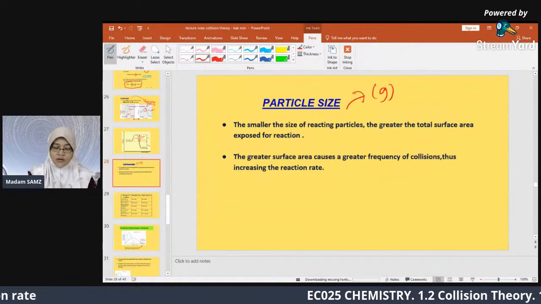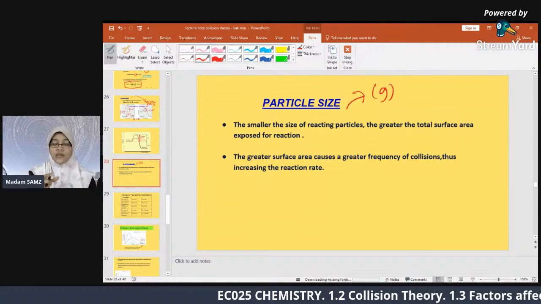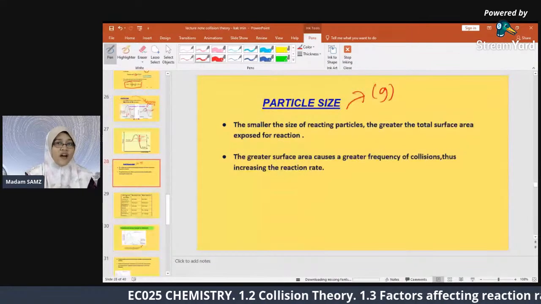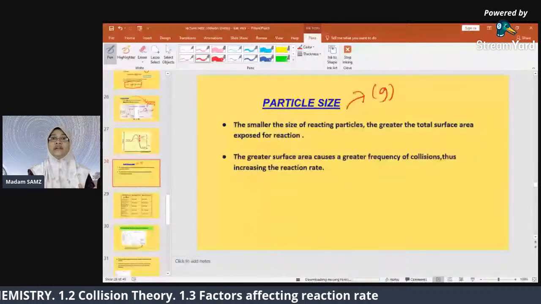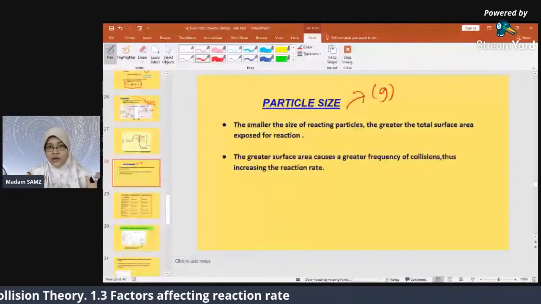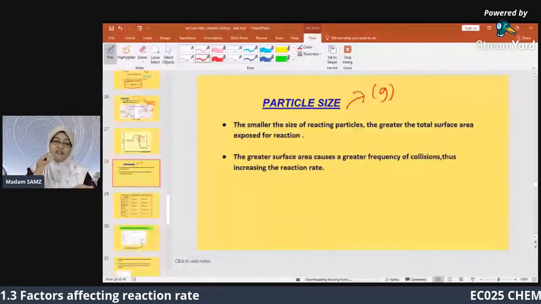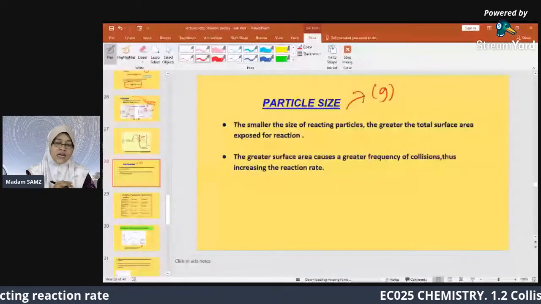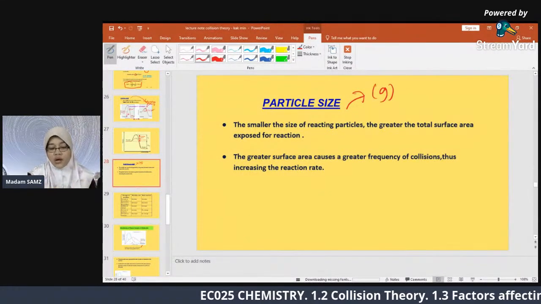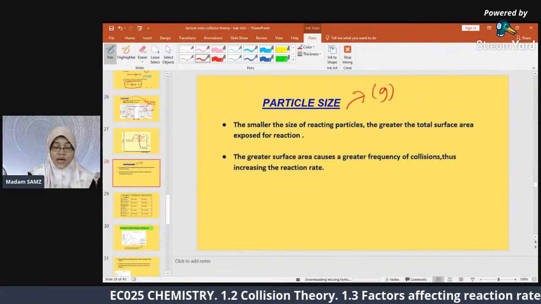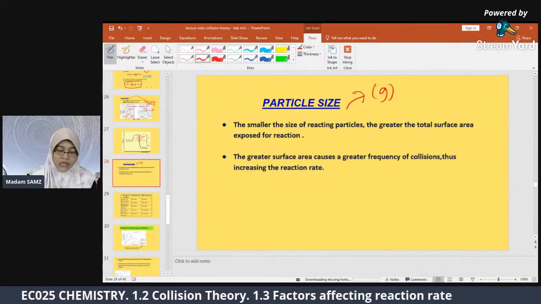Okay, amount dia sama mol. But when we use garam halus, the reaction is faster. Why garam halus faster? Sebab surface area dia greater. Bila surface area dia greater, so platform for the reactions to happen is bigger. Okay, so dia ada surface area, platform untuk berlaku pelanggaran jadi tinggi.